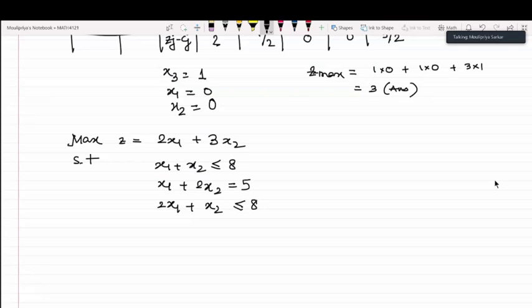First, tell me, how can this particular linear programming problem be recast so that we are able to solve it using the simplex algorithm? How can we rewrite the constraints?